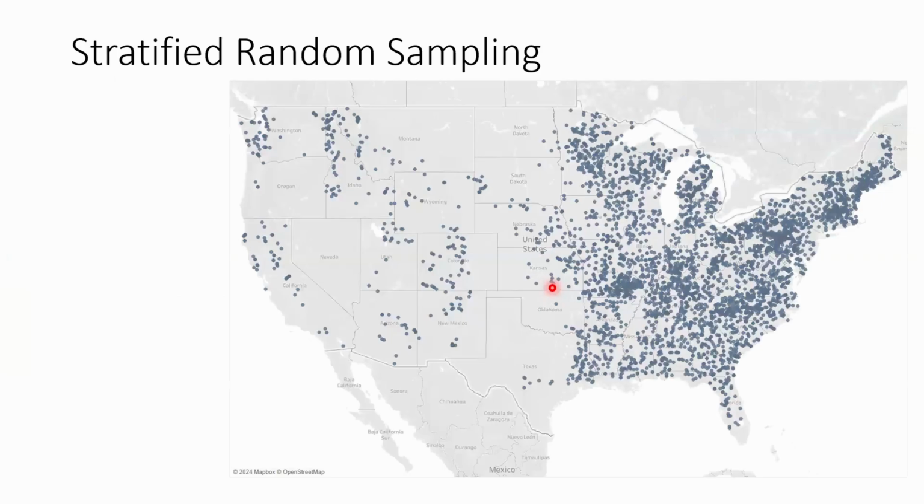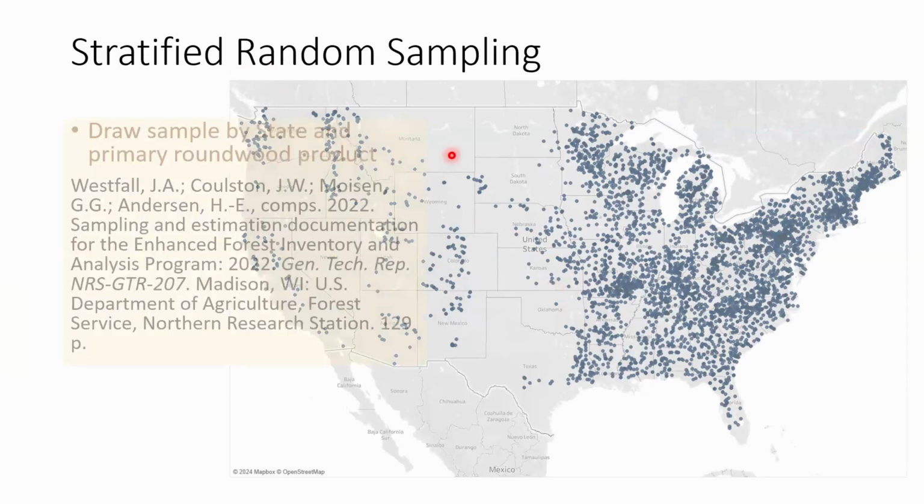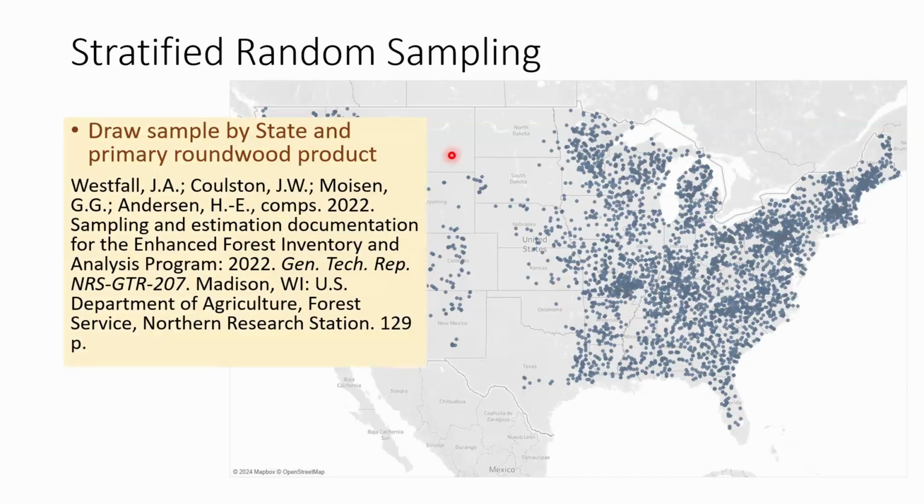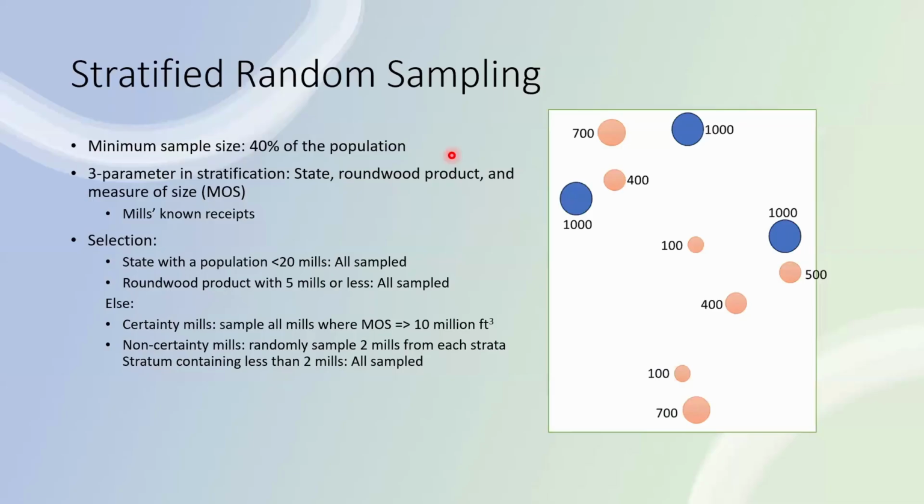Mills are surveyed annually with a stratified random sampling design for each state and roundwood product. The detail is in the general technical report. Basically, for each state and roundwood product, the sample size will be at least 40% of active mills. The 3 parameters used in stratification are state, roundwood product, and measure of size, or MOS, which is mill receipts.